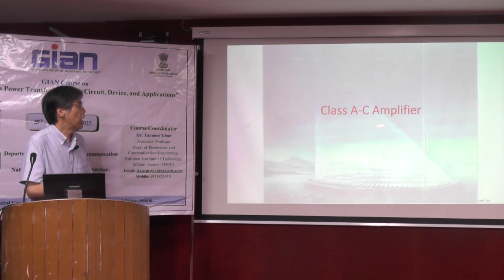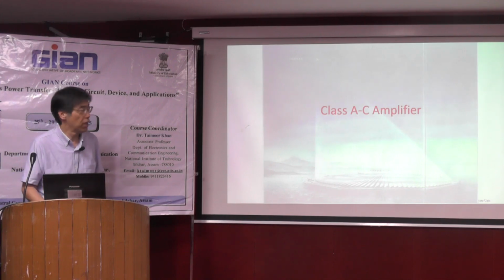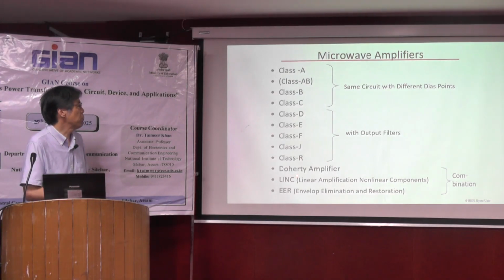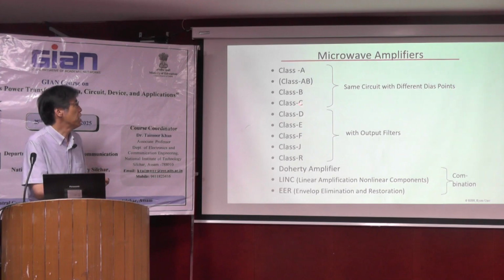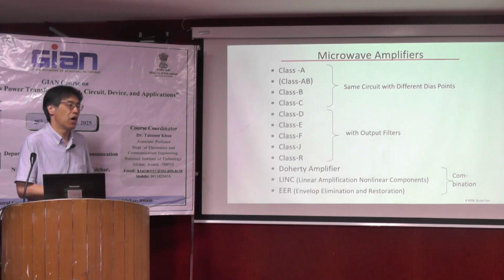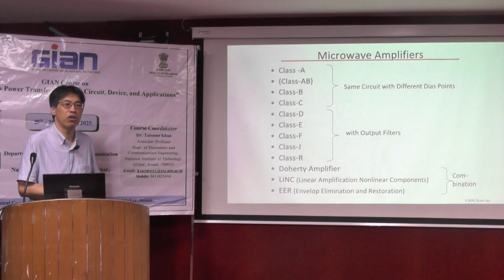So first of all, this is a basic circuit of the amplifier, named class ABC. This is a classification of the circuit design of the amplifier. For classes A, B, C, we use the same circuit, but we change the bias voltage in each. Unfortunately, in class ABC amplifiers, we cannot reach theoretically 100% conversion efficiency.